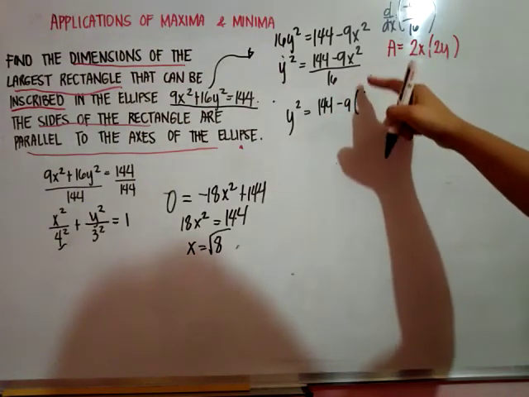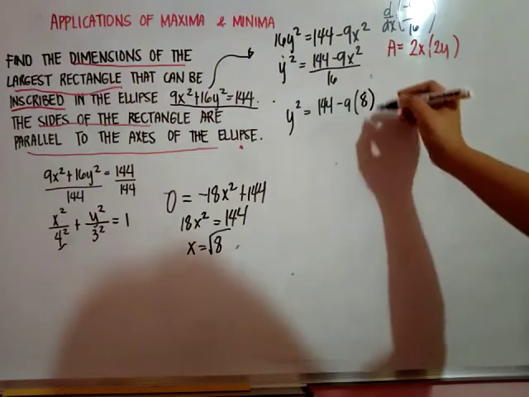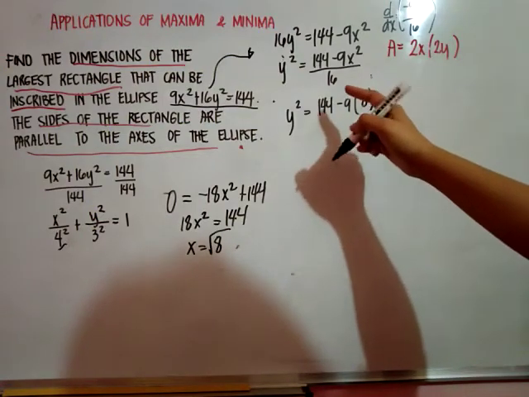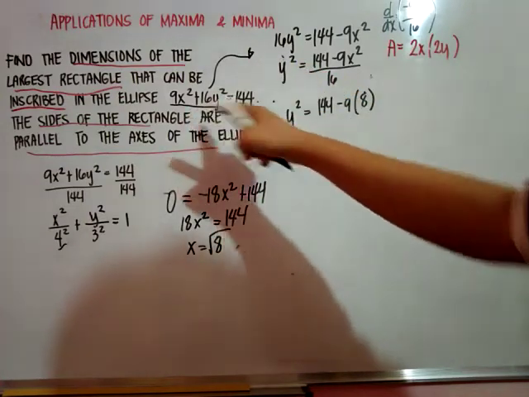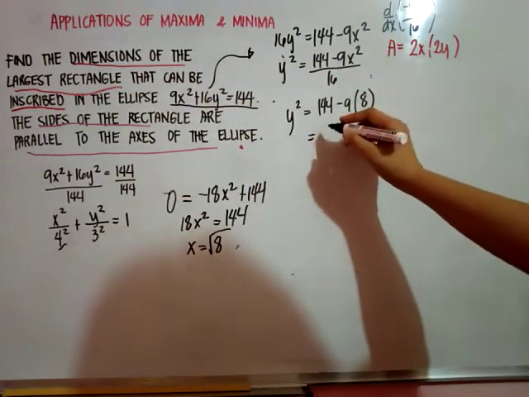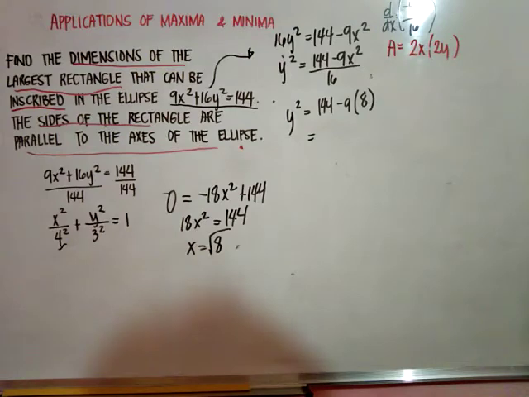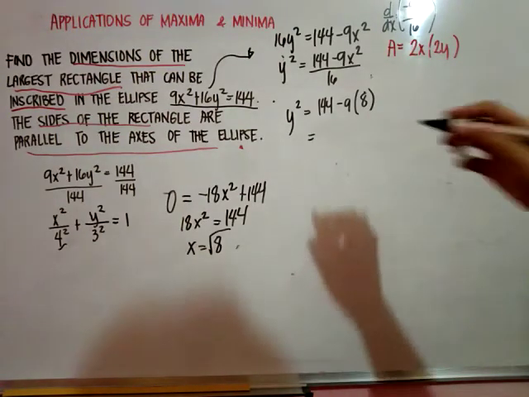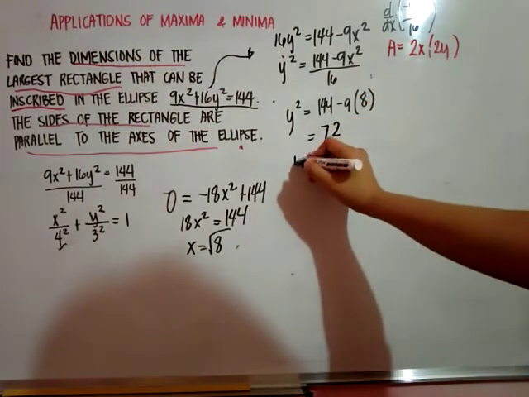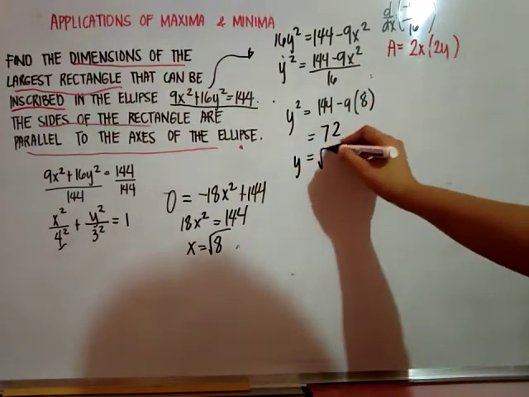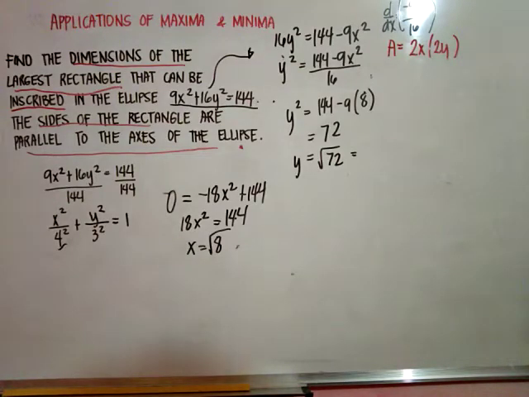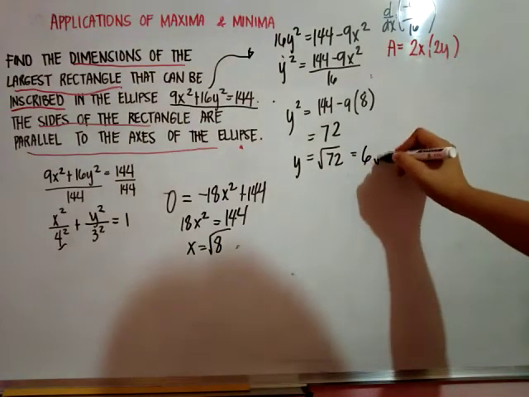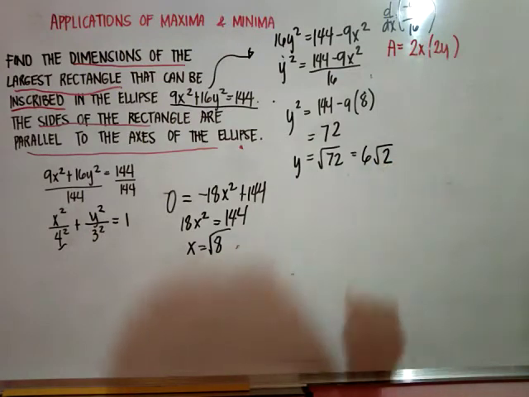Edi square root of 8 and then squared, edi 8 na lang to. Di ba nanggaling lang ito dito. Itong equation na ito nanggaling lang dyan. So, yan. 144 minus 9 times 8 is 72. So, therefore, y is equal to the square root of 72, which is 6 square root of 2.